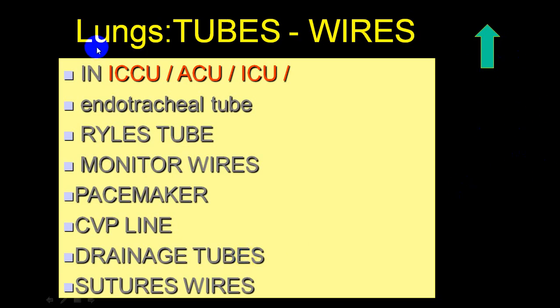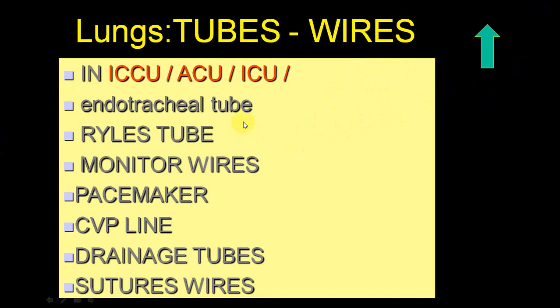So usually you can see some of the tubes and wires. Tubes and wires will be very frequently seen if the person is admitted in ICU or ICCU or acute care unit or surgical acute care unit, etc. There are many different types of emergency units. In those conditions, whenever a person is critical, usually tubes and wires are introduced.